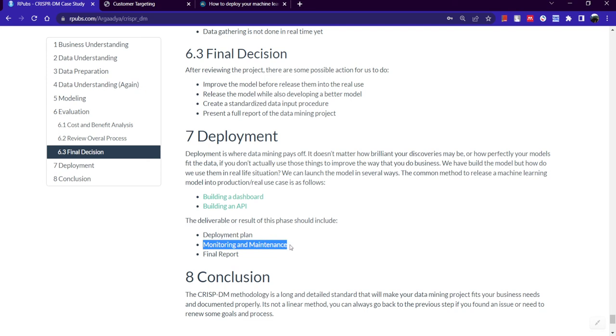You need to keep monitoring the performance of the model while it's in real time. If there are shortages going on, then you need to inspect, right? For example, you need to monitor the performance, the accuracy and recall, etc. You need to keep an eye on them, not only during building, but even after launching or deploying your model. And you may decide what plan you need to follow in those cases.